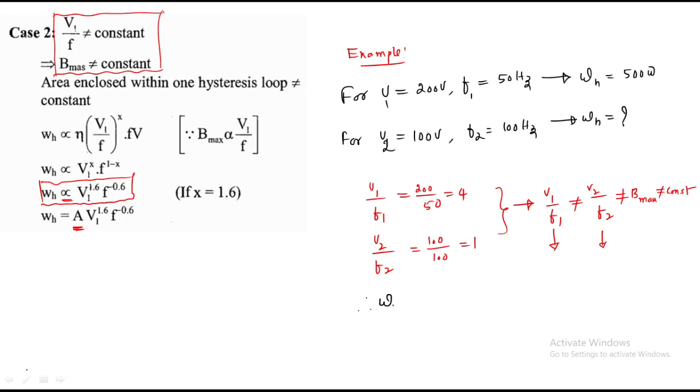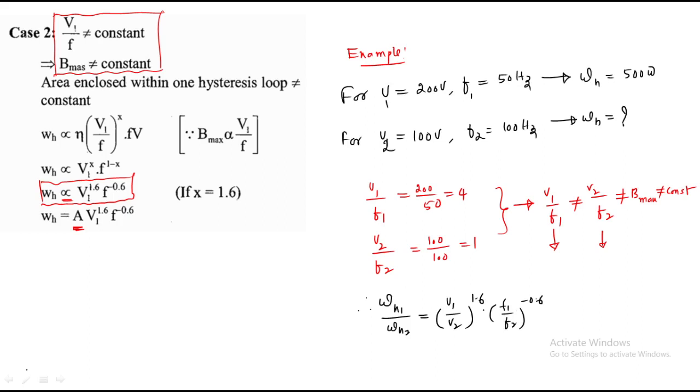Therefore, what is the relation between hysteresis loss and voltage? WH1 by WH2 is proportional to V1 by V2 power 1.6 into F1 by F2 power minus 0.6.